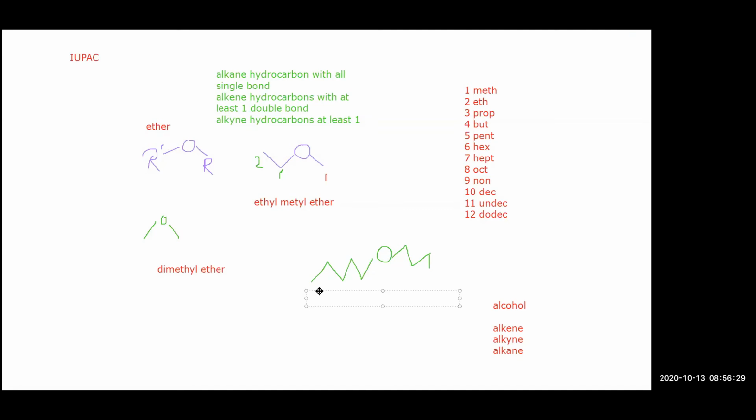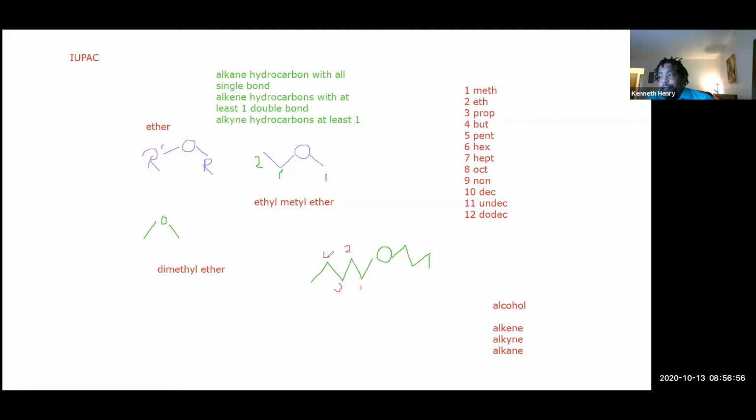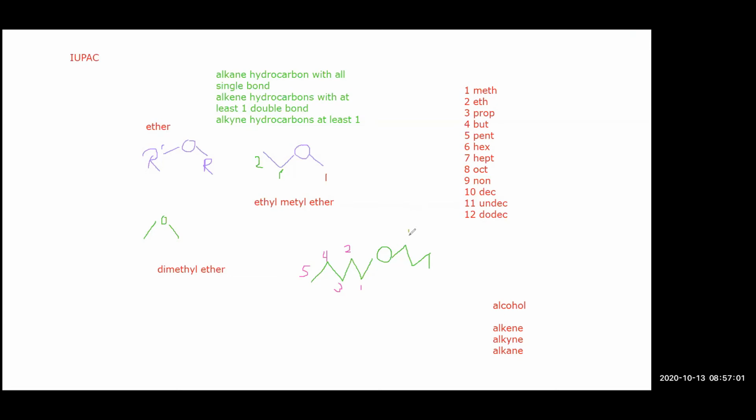Okay, what would this guy be called? Would it be pentyl, because there's 5 on one side and there's 5 on both sides? Is there 5 on both sides? There's 5 on this side and then, oh, never mind, there's 4.